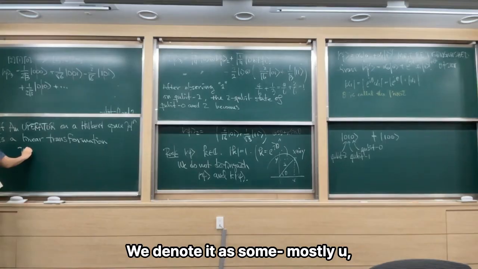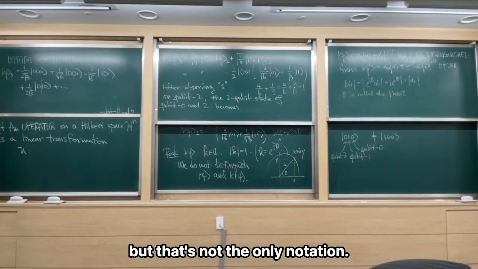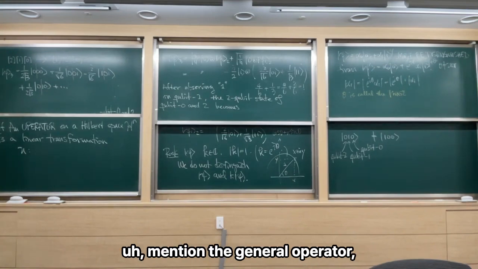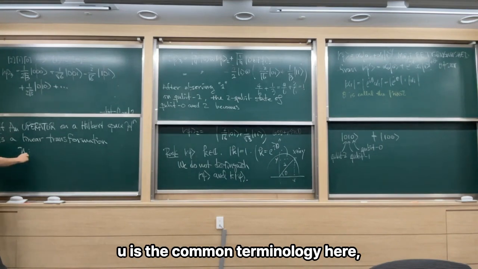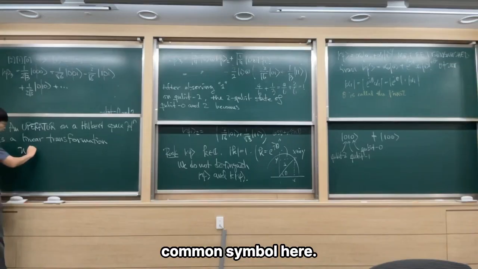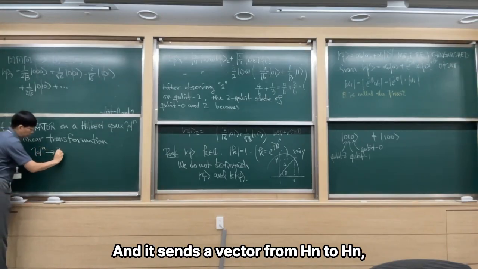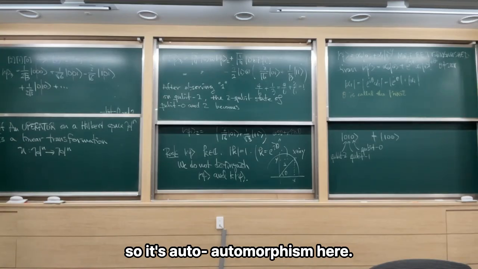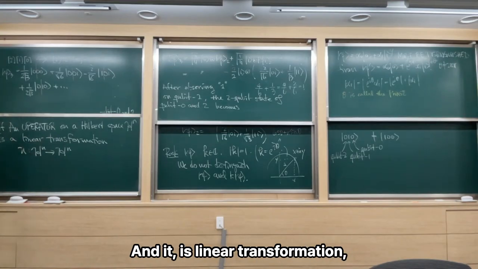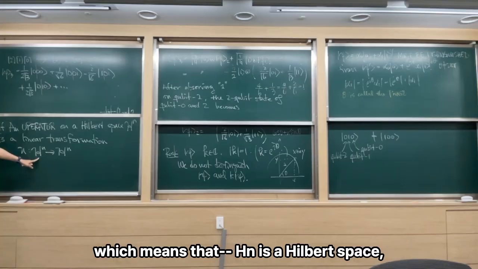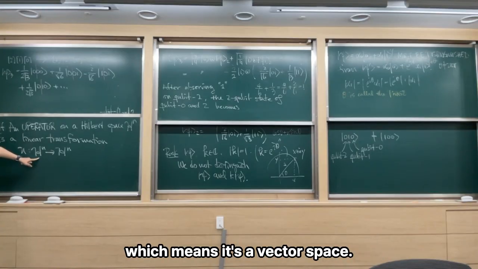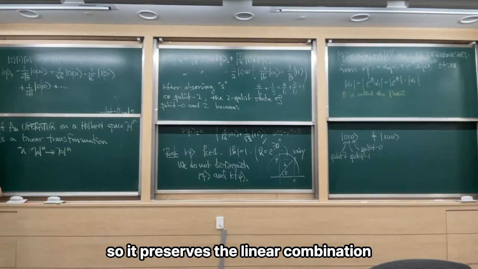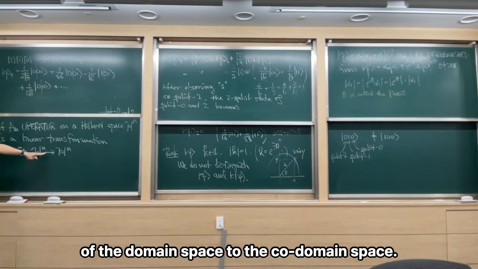We denote it mostly as U, but that's not the only notation. If you want to mention a general operator, U is the common symbol here. It sends a vector from Hn to Hn, so it's an automorphism. And it is a linear transformation, which means that since Hn is a Hilbert space, it's a vector space. So it sends vector to vector in a linear fashion, and it preserves the linear combination from the domain space to the codomain space.